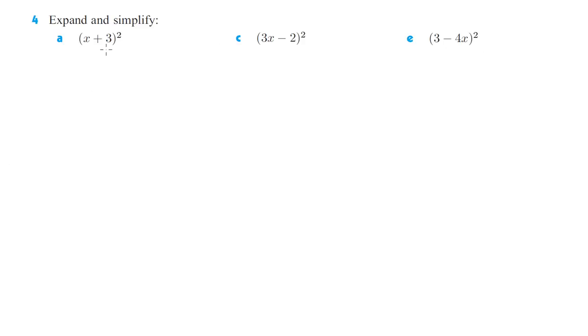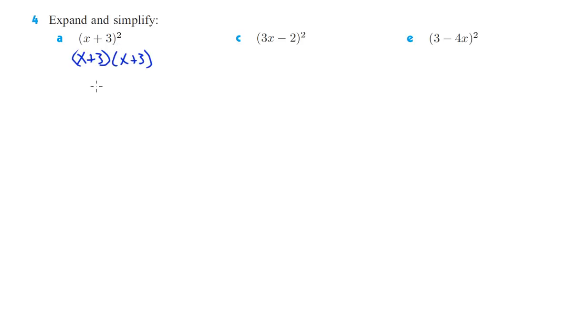Number 4, expand and simplify. This really looks like x plus 3 times x plus 3. Right? I see this over and over again where people try to distribute the square through. That does not equal. You have to do x plus 3 times x plus 3. You actually have to multiply it out.